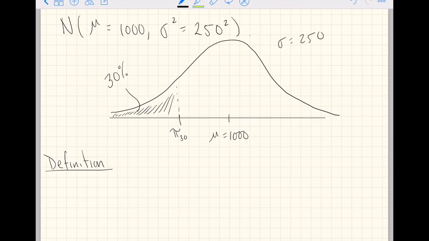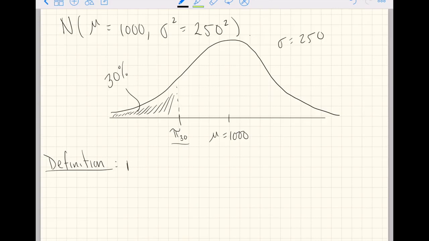Now, percentiles are always defined as less than the value, putting such a percentage of area under the curve. So the SAT score pi subscript 30, whatever it is, that puts 30% to the left of that number, is the 30th percentile.